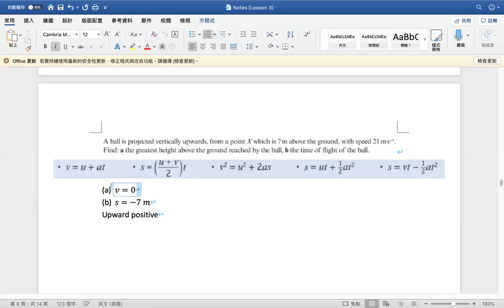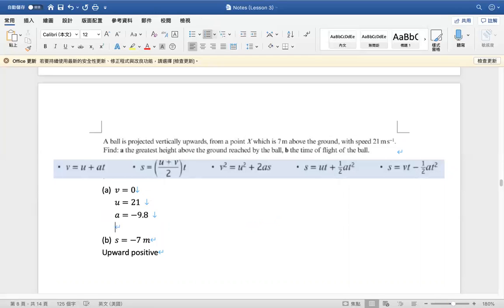Then for the first case, we have v equal to 0, and u equal to 21. Maybe you forgot that a is -9.8, right? You still have a. So which equation should you use?